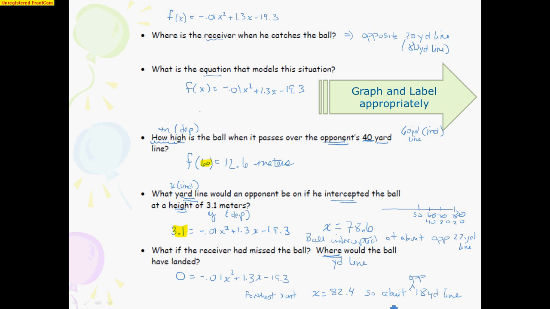Now turn this over, and I want you to graph and label. Graph and label appropriately. So, to graph this, make sure your axes have units.